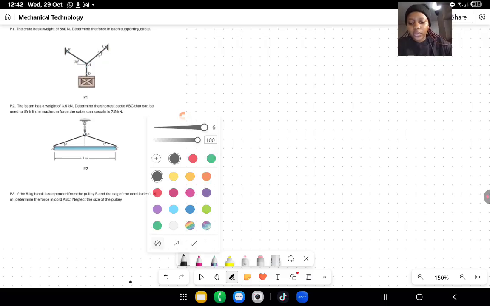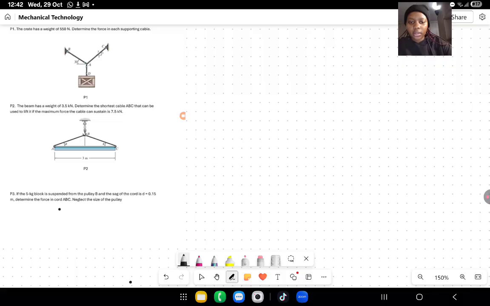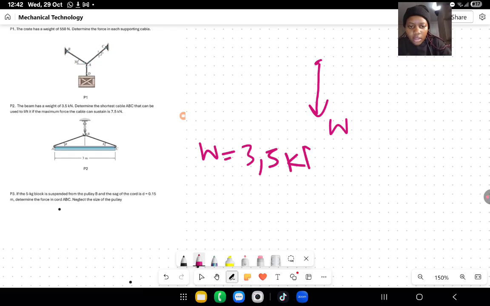So we'll start with the free body diagram. We have a weight going down, which equals 3.5 kN.